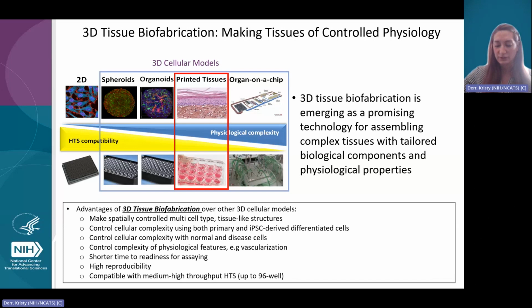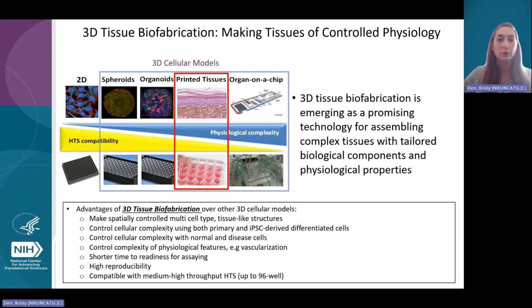Some of the advantages of making 3D biofabricated tissues, especially when it comes to bioprinting: you can spatially control where you place different cell types, different types of extracellular matrix, and different structures. You can also control the complexity. Every assay is very context specific in science, so you can make your model as simple or as complex as your assay needs.